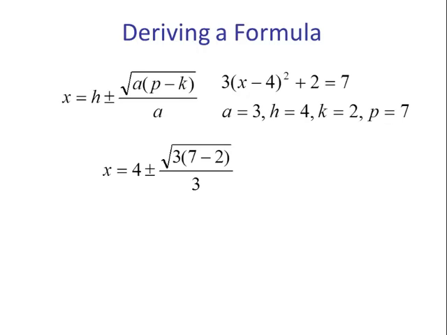Substituting these values into our formula, we get x equals 4 plus or minus the square root of 3 times 7 minus 2, all divided by 3. So now x equals 4 plus or minus the square root of 3 times 5, which is 15, divided by 3. And we have our final answer. x equals 4 plus or minus the square root of 15 divided by 3.